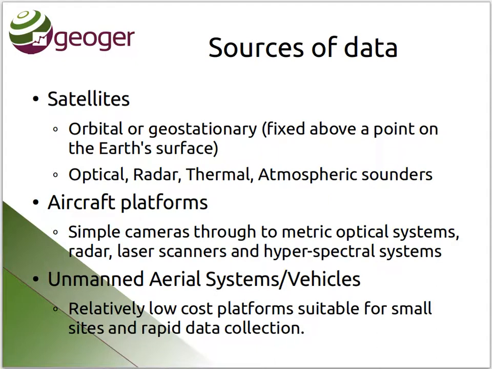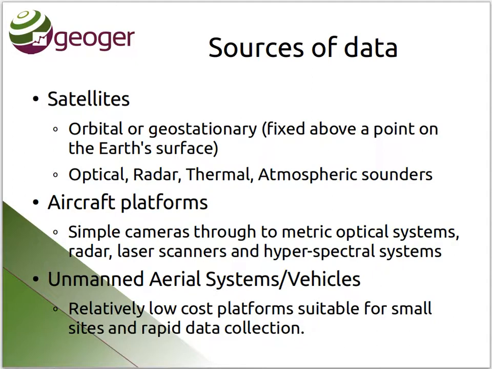You can also have aircraft platforms with different sensors ranging from simple cameras right the way through to laser scanners and hyperspectral systems. More commonly now, and certainly creating some controversy, you can get unmanned aerial systems or vehicles, otherwise known as drones.